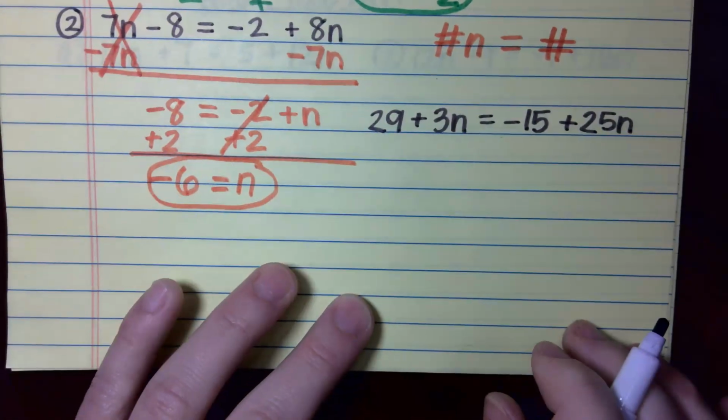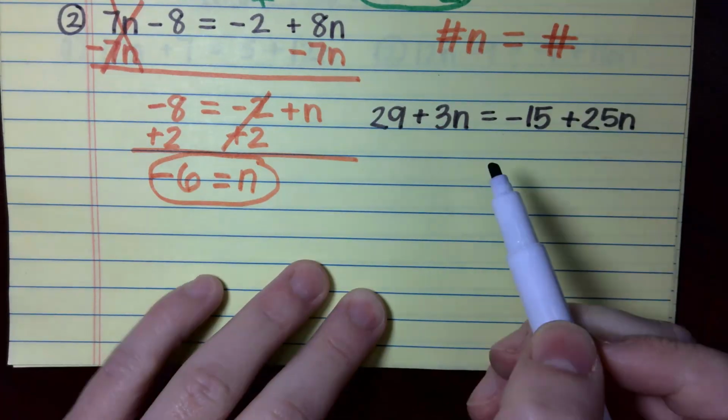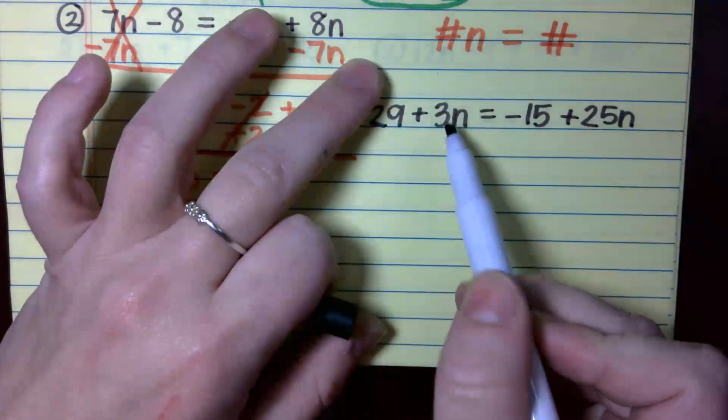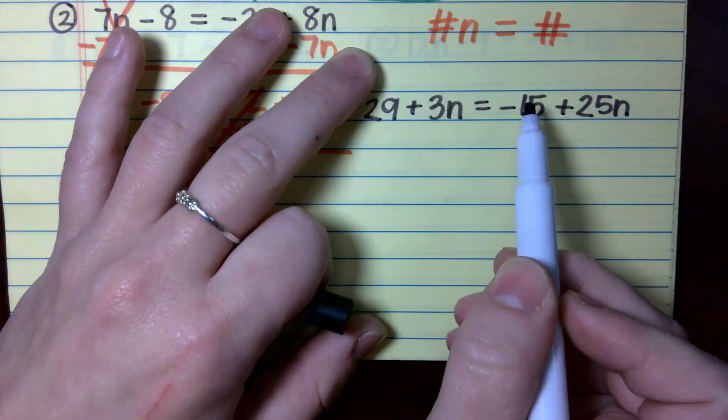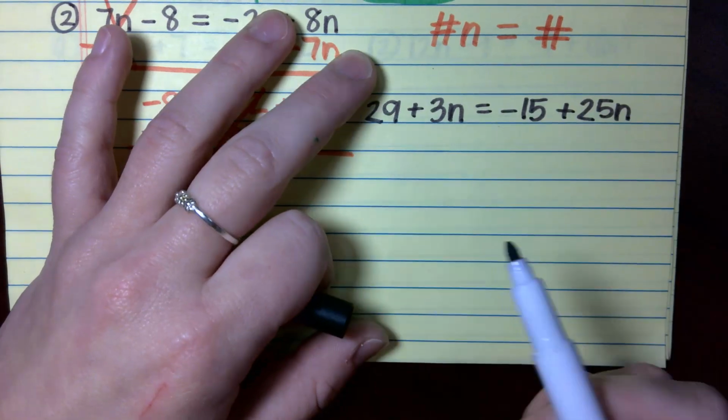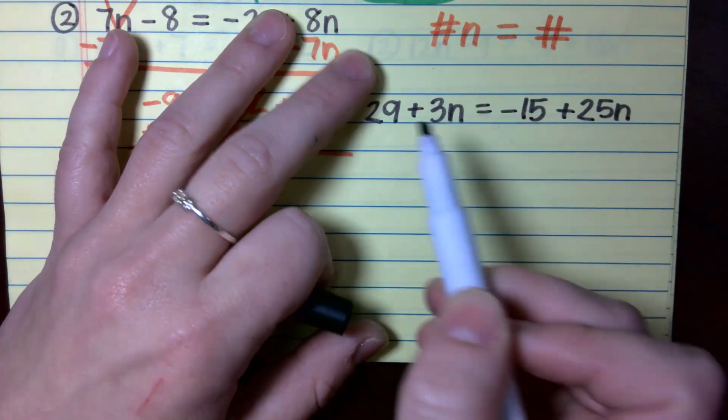Okay, so remember we want to either move 3n over here and negative 15 over here, or we're going to move 25 and 29.